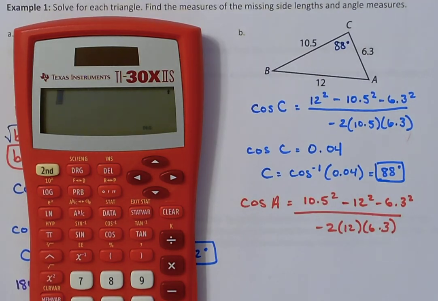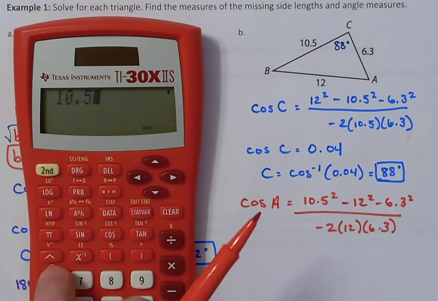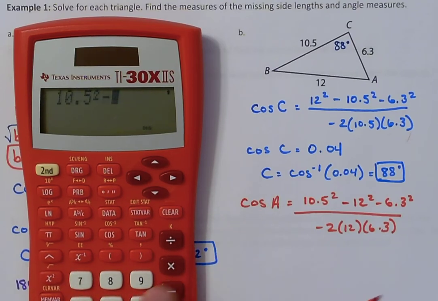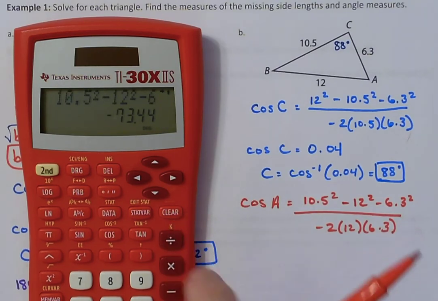Now that I have that, all we have to do is go through and calculate. So we're going to do 10.5 squared minus 12 squared minus 6.3 squared, and we end up with negative 73.44. Then we divide by negative 2 times 12 times 6.3.